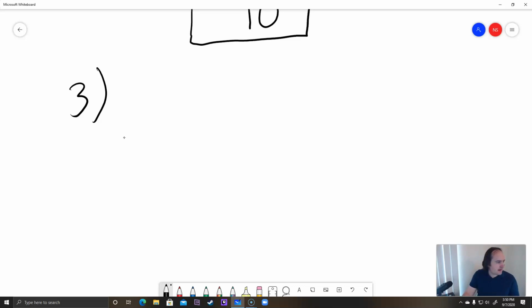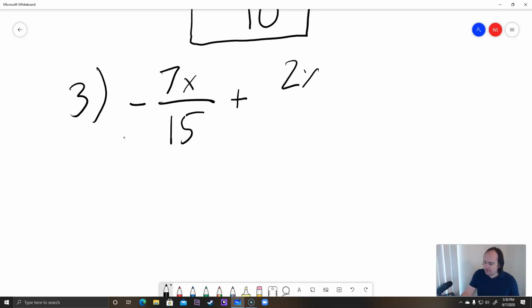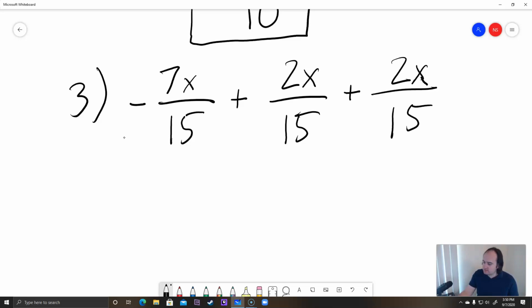So for this one, we have -7x over 15 plus 2x over 15 plus 2x over 15. Okay, so -7x over 15 plus 2x over 15 plus 2x over 15.